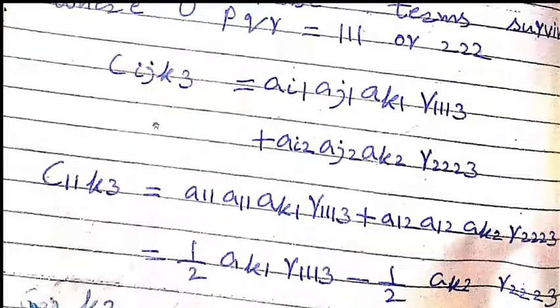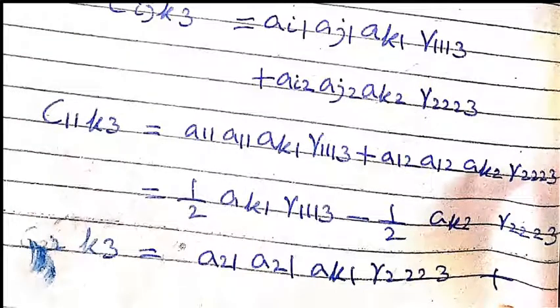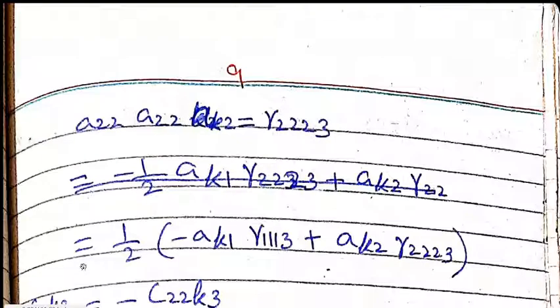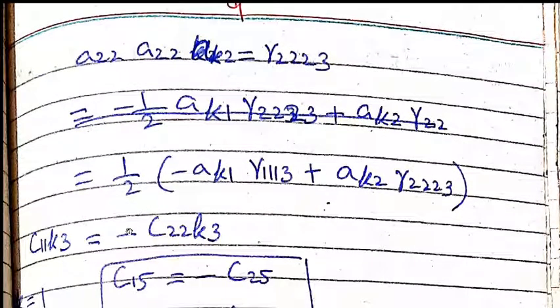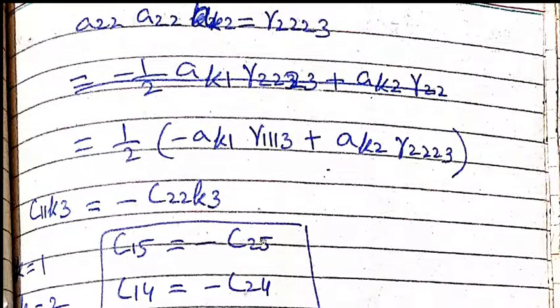No other index would be equal to 3, so you can take ij 1 1. On the right hand side, same, you have this, and this is C22 K3, ij is 2 2. You have this, and by the help of above two terms, C11 K3 will be equal to minus C22 K3.